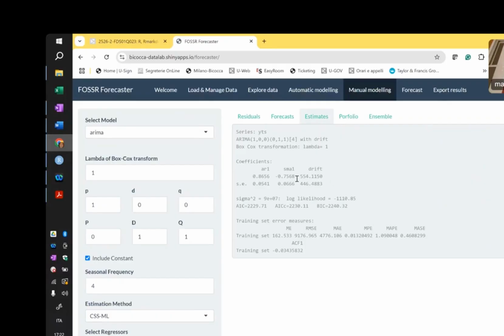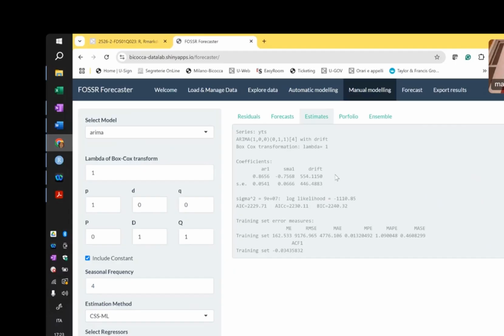In this case, the drift is actually not significant. It's not at least twice the standard deviation. It's very sad to say that, but our GDP doesn't move much. It stays there, and it's been a long time. And the rest of the coefficients are significant.